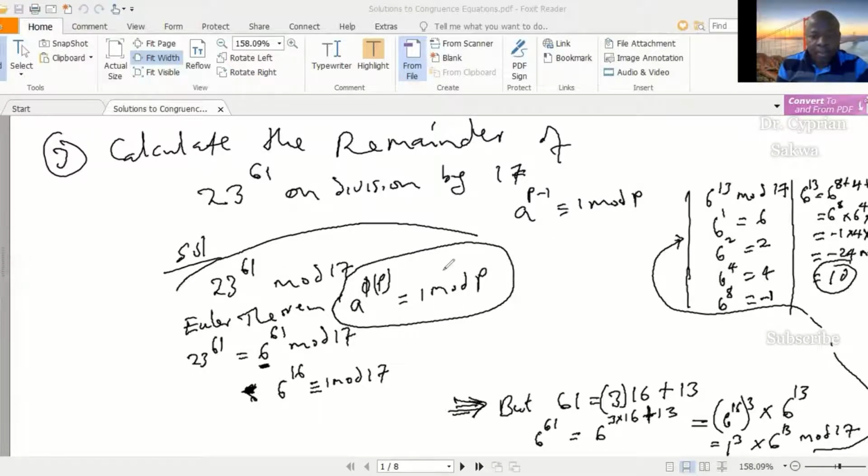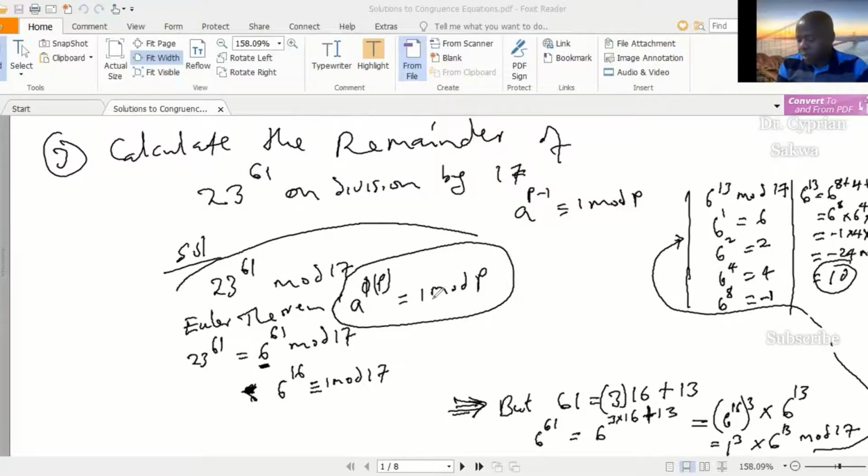And you remember that for Fermat's, p must be prime and should be a number that cannot divide a. So the only difference is in the statement, but the way we work it out is the same.